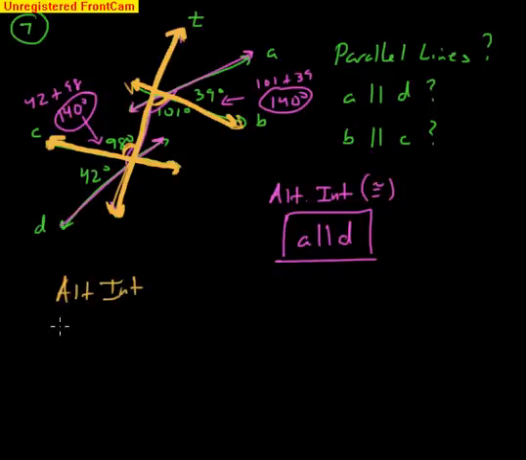We have the angles already there: 98 degrees and 101 degrees. They are not equal. Therefore, alternate interior angles will not be congruent. And if alternate interior angles are not congruent, then your lines cannot be parallel. B is not parallel to C.